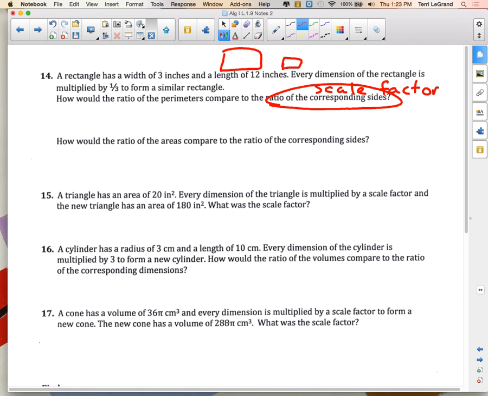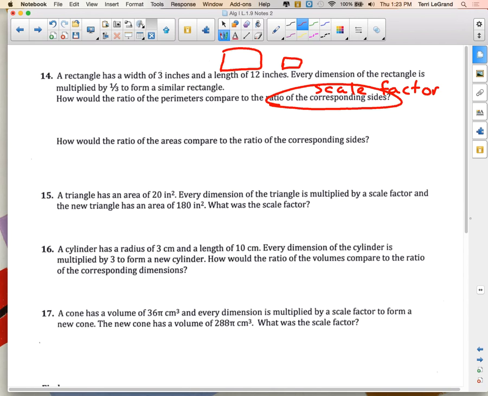It's going to be 1/3, isn't it? The new one's perimeter is going to be 1/3 the perimeter of the old one. Because remember, what did we say? The ratio of the perimeters is the same as the scale factor.